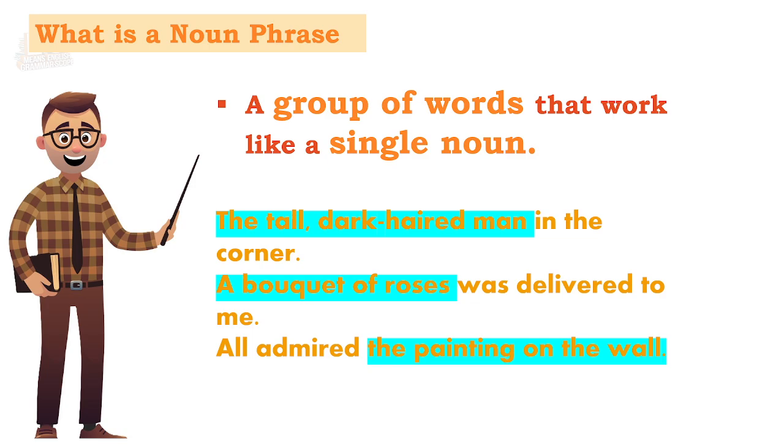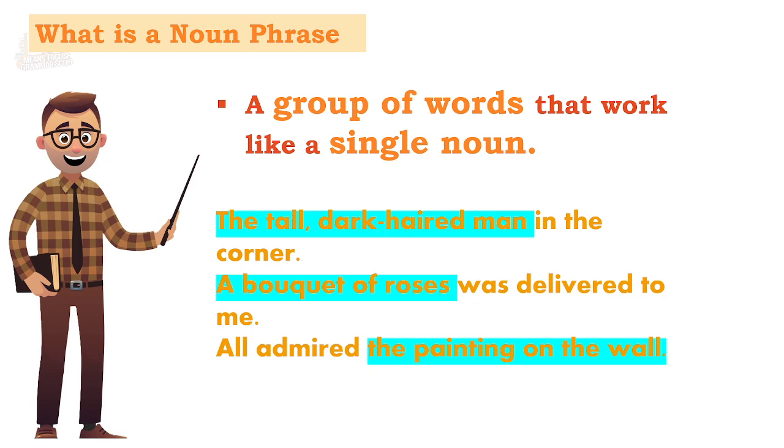Let us see this third sentence: All admired the painting on the wall. Here too, the part highlighted in blue is a noun phrase. If you look carefully, the noun phrase is not a single word, but a group of words.